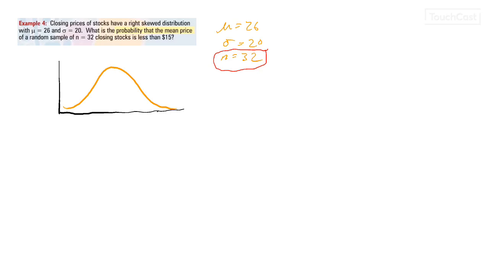This talks to the law of large numbers, and 30 tends to be the magic number we're looking for here. So as you can see, we have three pieces of information.